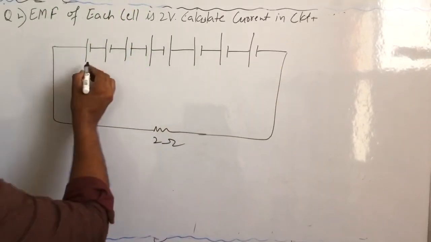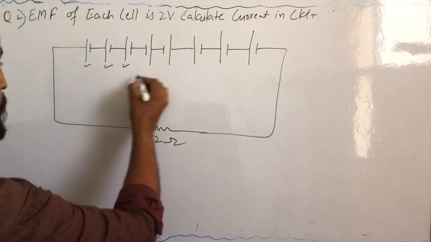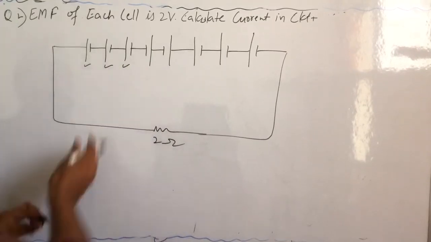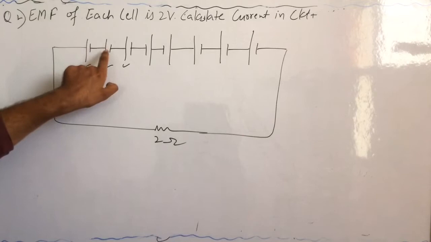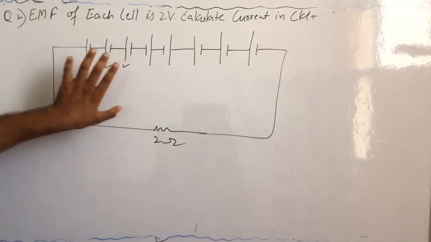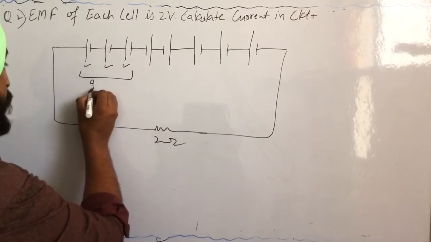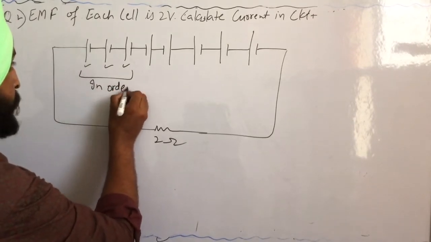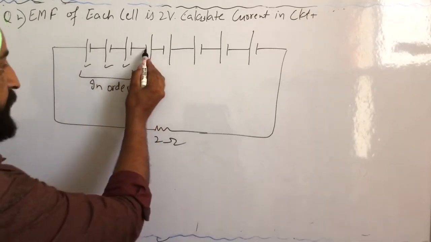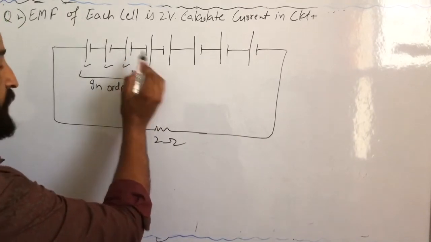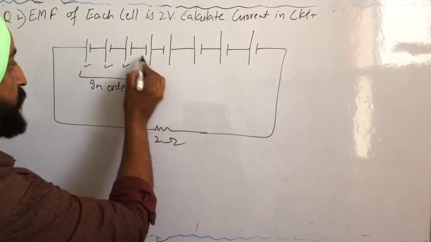See here, these 3 are in order: positive, negative, negative with positive, negative with positive. So these 3 are in order. But from here, negative is connected with negative, so this is out of order with this.